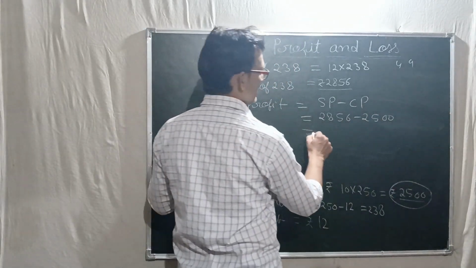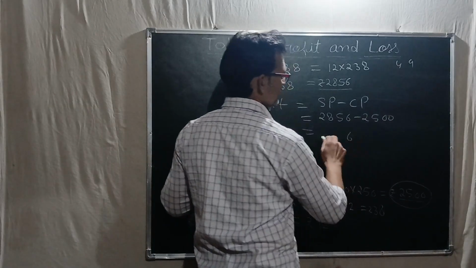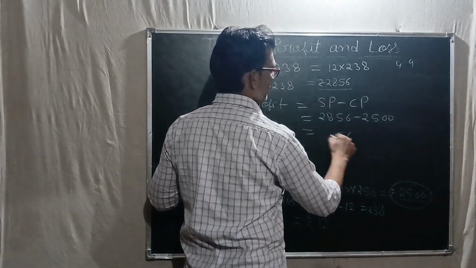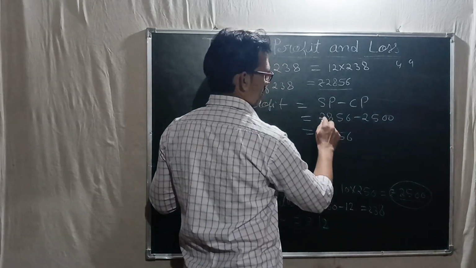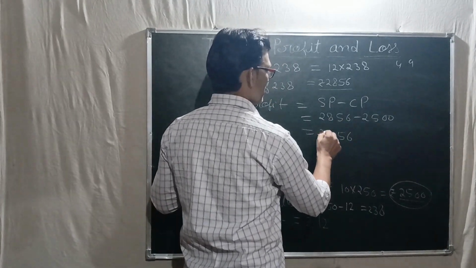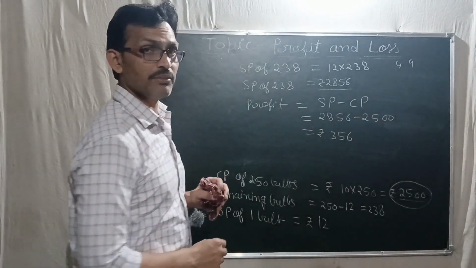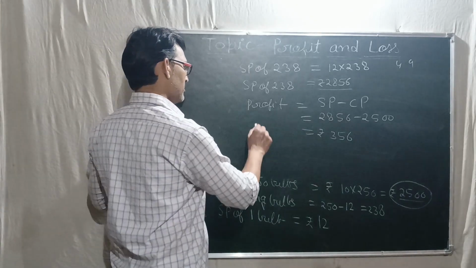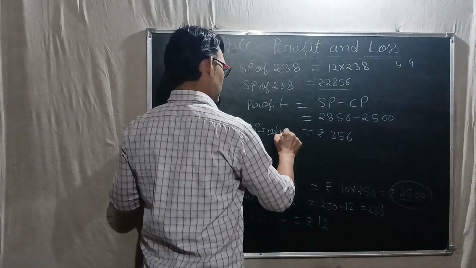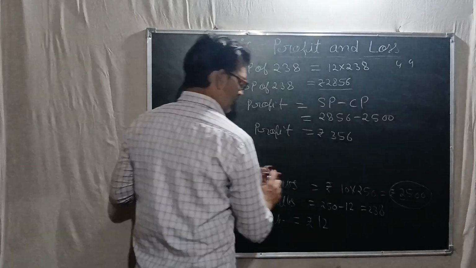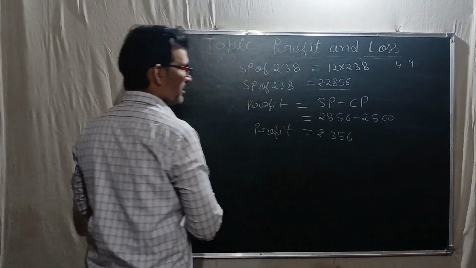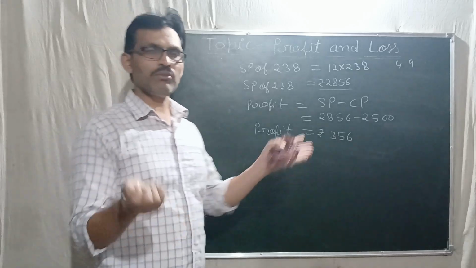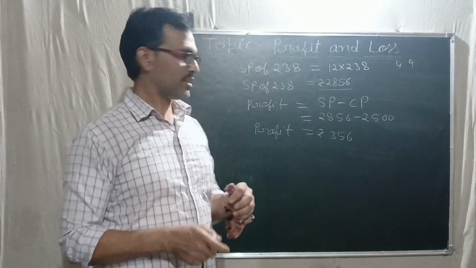Now subtract. 6 will remain 6, 5 will remain 5, from 8 you subtract 5 you get 3, and 2 minus 2 you get 0. So rupees 356 is the profit for him. We have to find here the profit percent on the whole transaction.